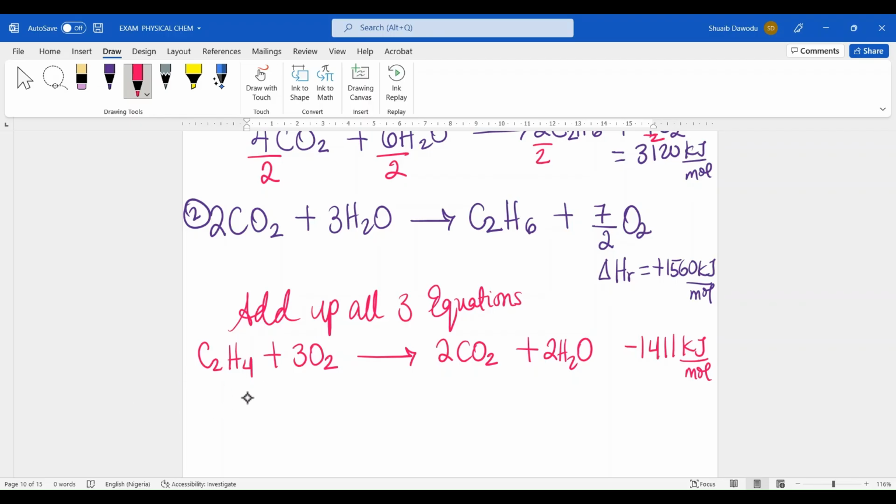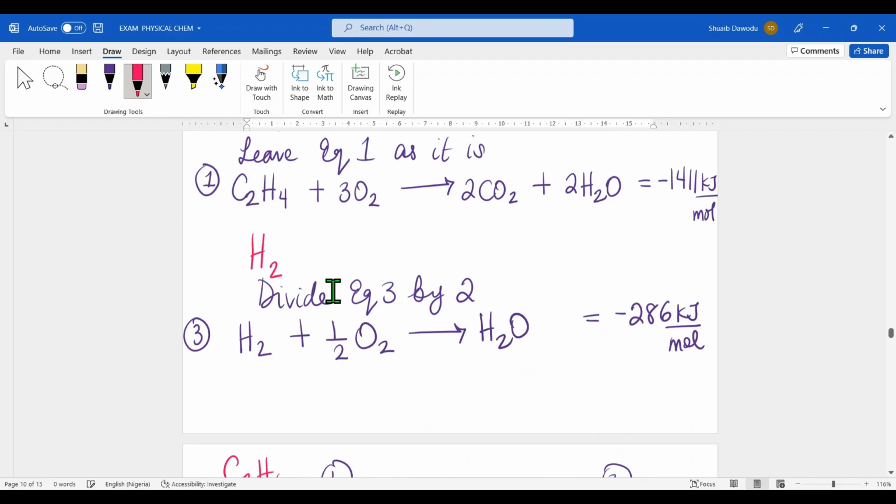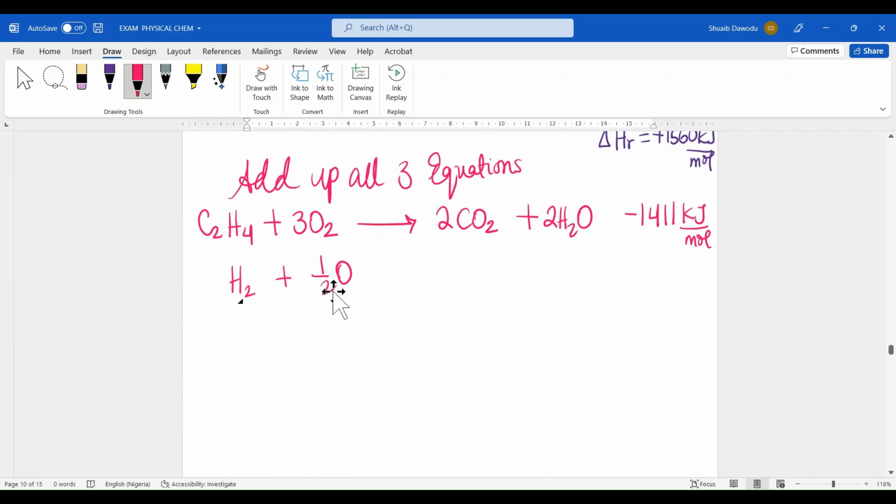And then you have H2 plus half O2, which is simply equation 3. We're going to add that there, and it gives H2O, with a value of negative 286 kilojoule per mole.